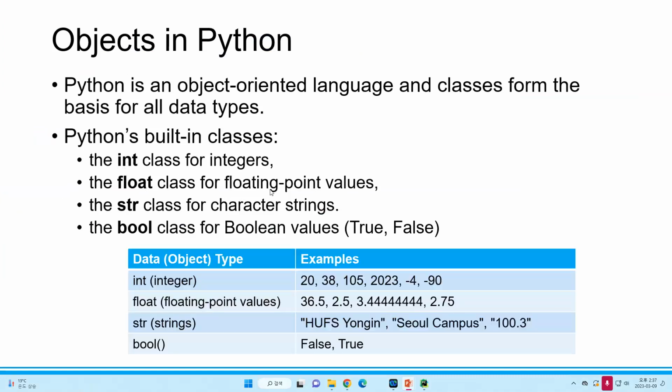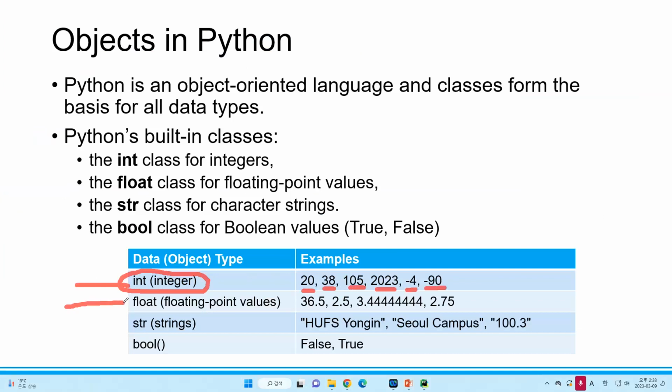This is an example. int means the integer, and an integer is any whole number: 20, 38, 105, 2023, or some negative value, -4, -90. So all numbers without a decimal are integers.